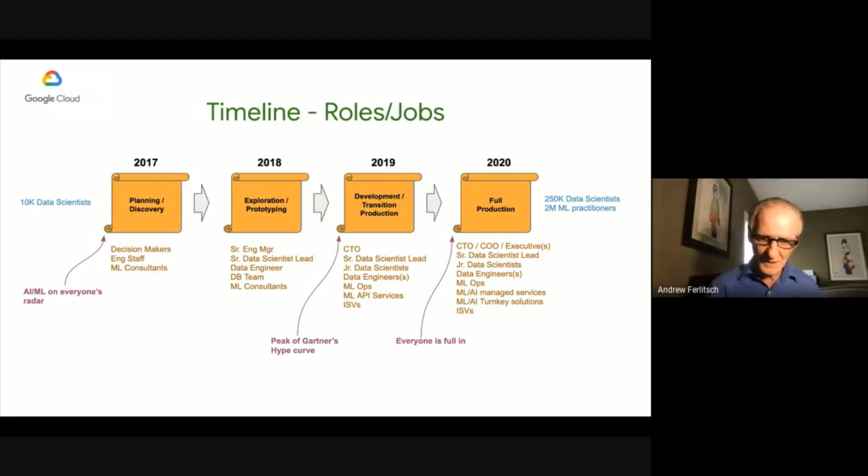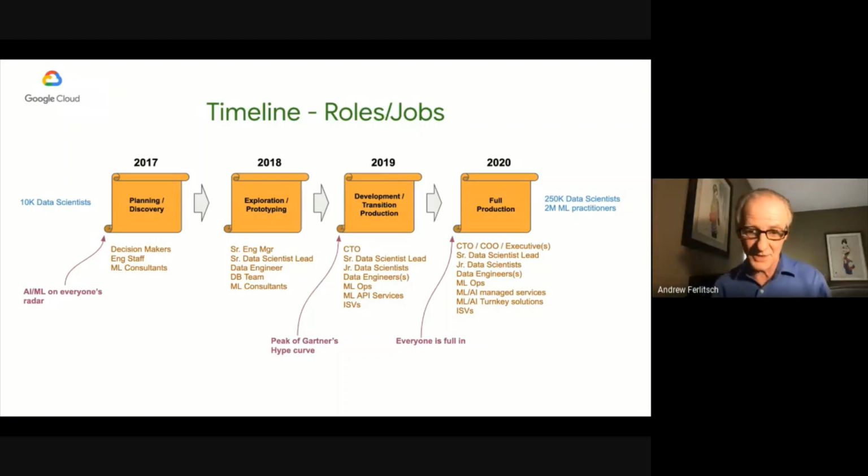And the type of people involved now were expanded. You started to see senior engineering management. Typically, a senior data scientist has been hired as the lead. Data engineers are being brought in. They're connecting with the database team and a continued use of ML consultants with their expertise.